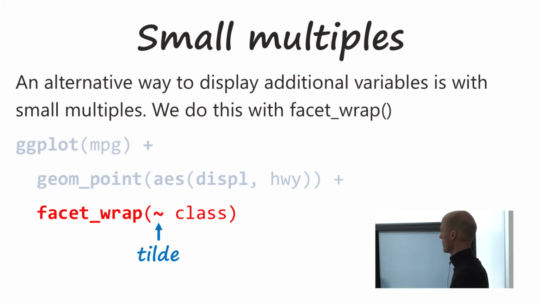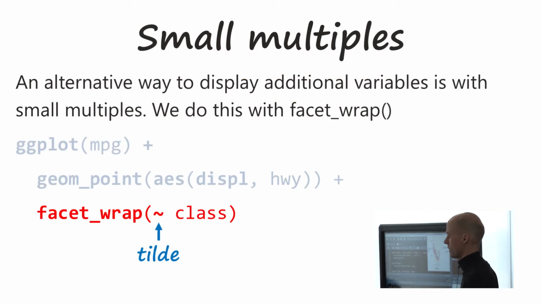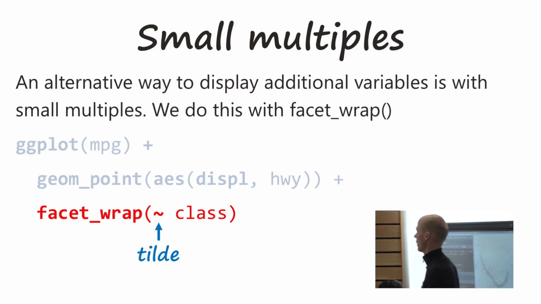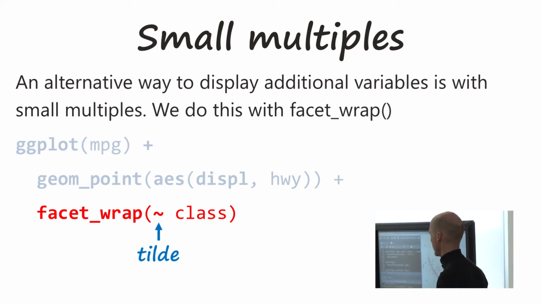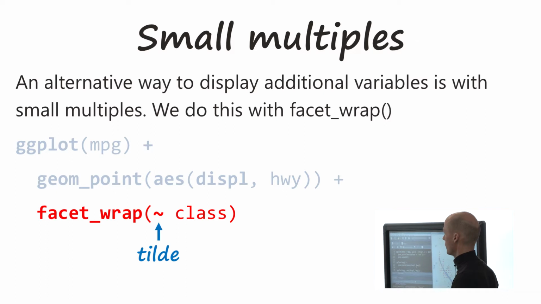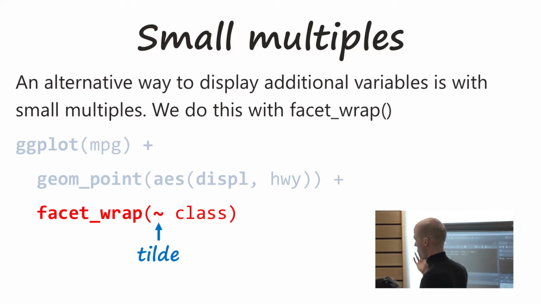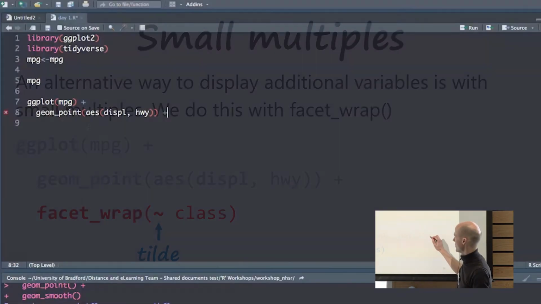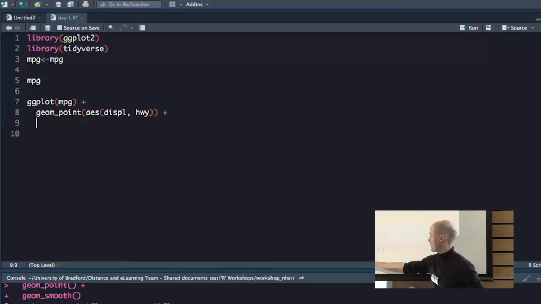The way to address an additional variable is with small multiples or facet plots, and we could do this by adding the facet_wrap layer. These are quite visually appealing, I think. If you copy a couple of lines from your code previously, we'll remove the geom_smooth, and then add a plus at the end of the point line, and type facet_wrap.